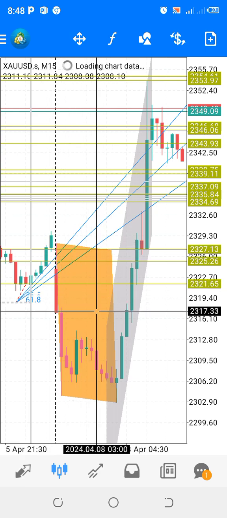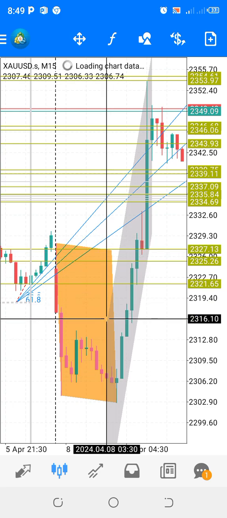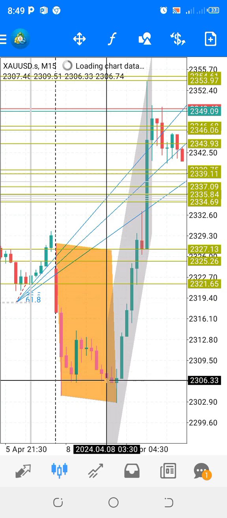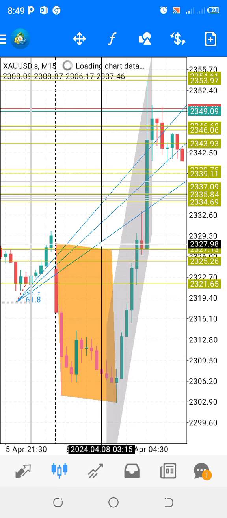So in the first case here of the structure demonstrated, you could see that this market had a 200 pip move from 2306 all the way to 2327. So that's over 200 pips, right?